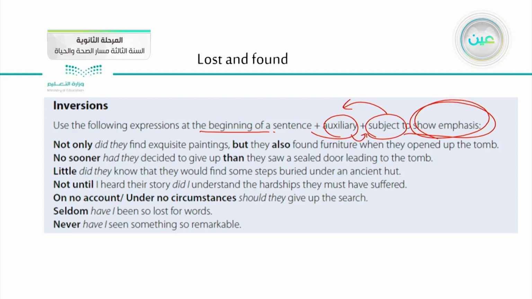For example, not only did they find. Usually we say they find, or they did find, or they didn't find. They have done this, they haven't done that. But in inversions, the auxiliary verbs like do, does, did, have, has, had usually come after the subject, like he, she, it.